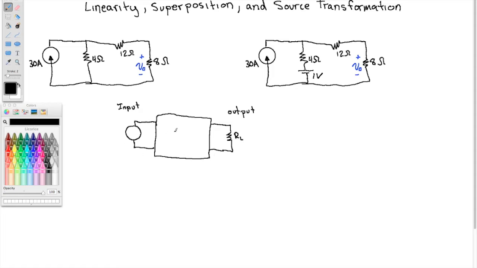For example, with an MP3 player, the input would be the tracks that you've downloaded and stored on your iPod, or on your MP3 player.